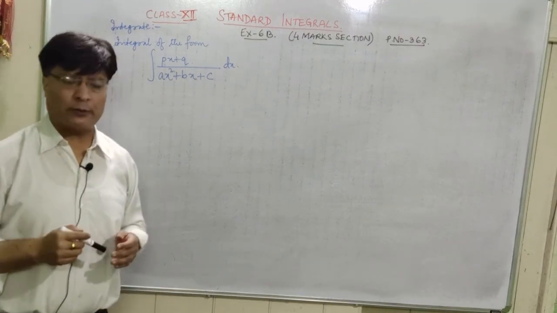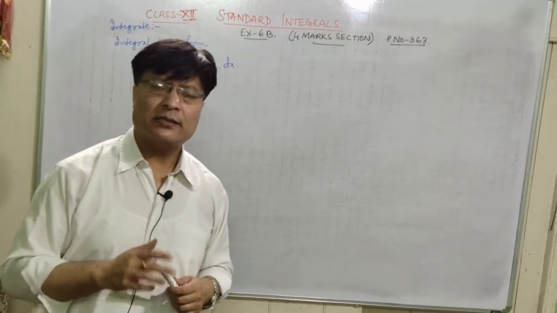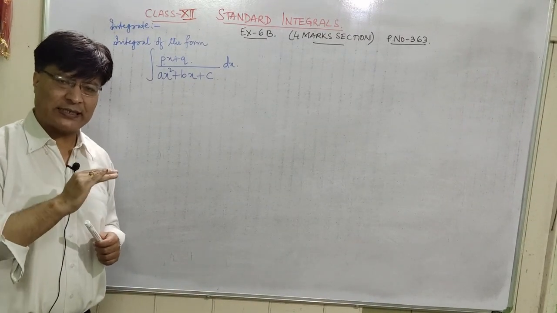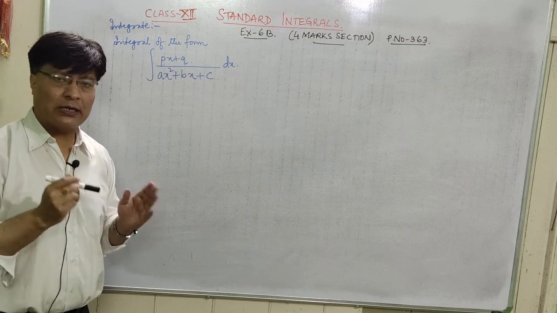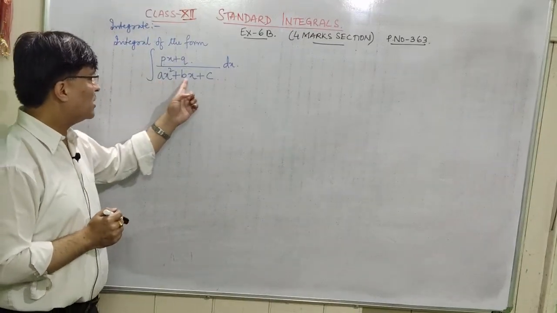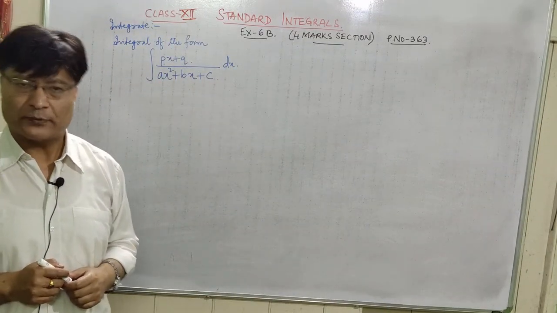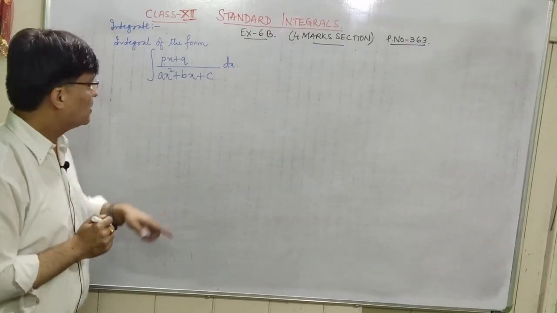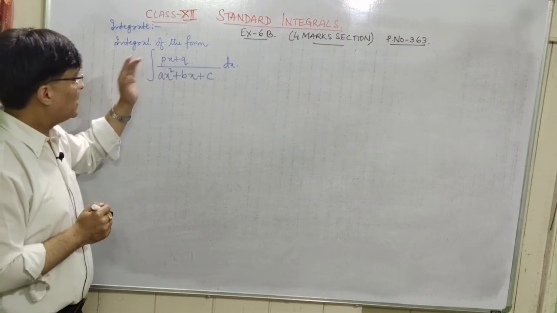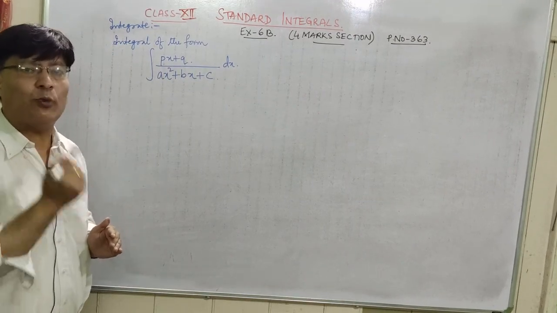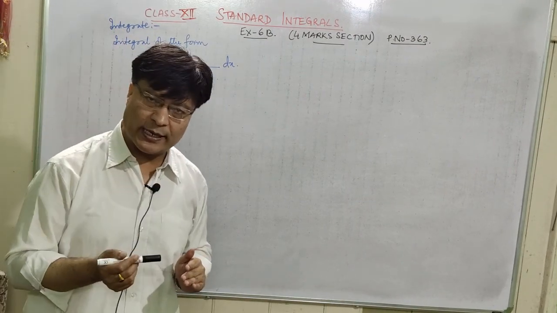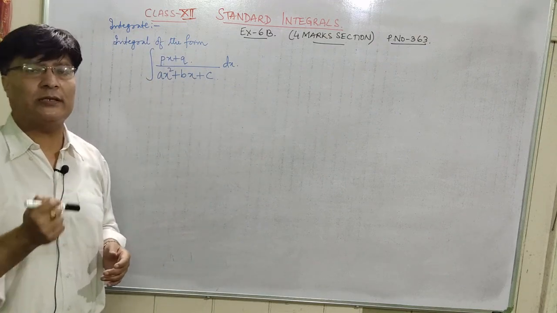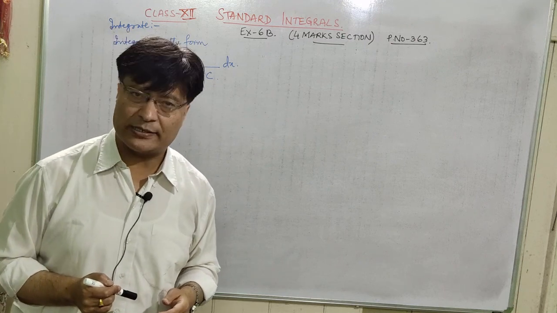In the previous problem, the denominator could be factorized so that it could be converted into partial fractions. Now sometimes the denominator cannot be factorized. In that case you have to use a different method, but the form should be this: in the numerator the highest power of x should be 1, the linear expression, and in the denominator the highest power of x should be 2, the quadratic expression.